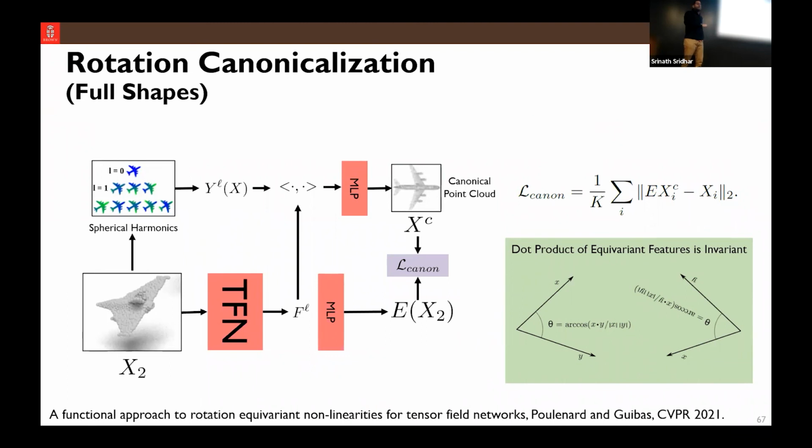So depending on how you see this MLP, it essentially selects one rotation that is consistent. At least that's my interpretation. In spherical CNNs, you do a max operation to identify one.